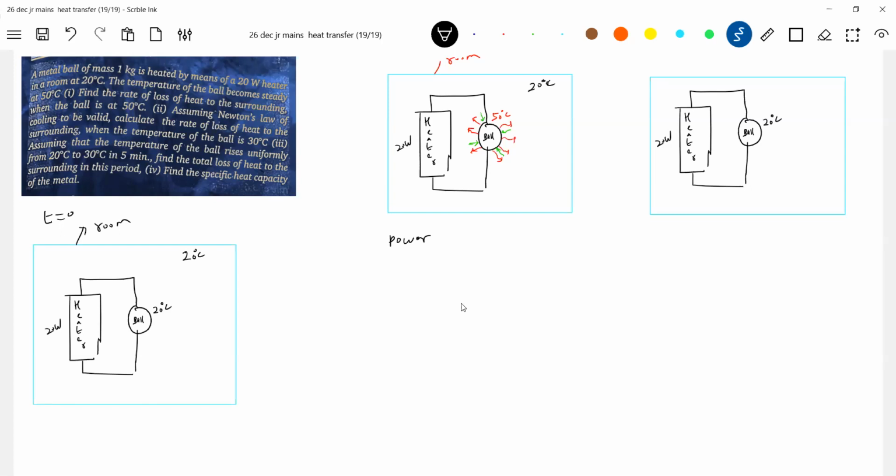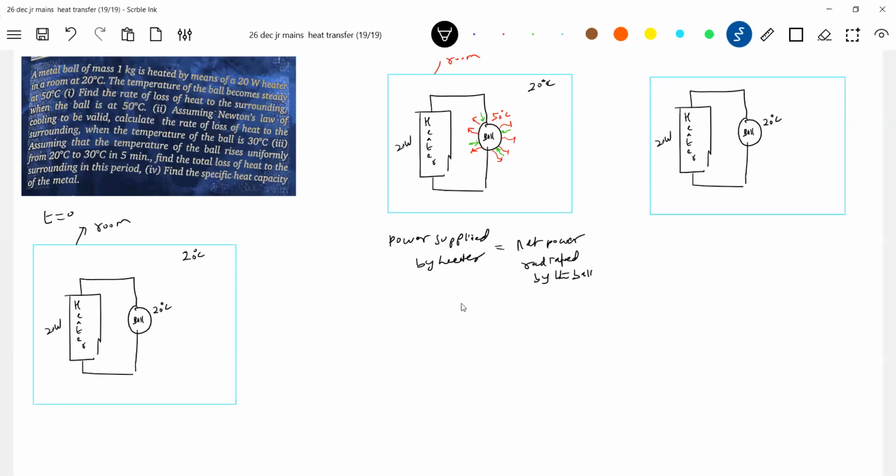Power supplied by the heater should be equal to the net power radiated by the ball.